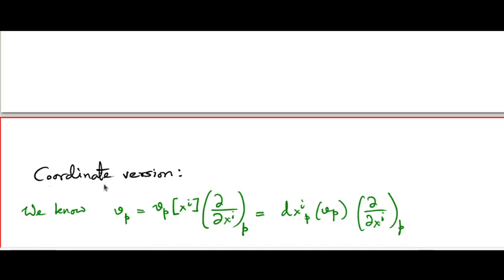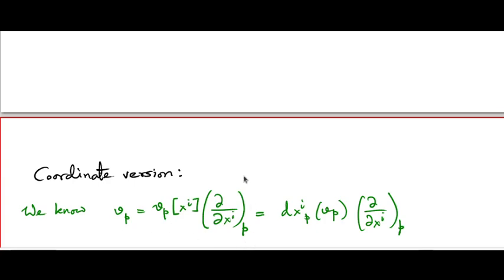Once you have a coordinate system, a chart (U, phi), with coordinate functions x1 through xn, the tangent plane has a very natural basis, something we have talked about earlier. The basis provided by the tangent vectors to the coordinate curves, del/del xi at p. So Vp turns out to be a bunch of numbers multiplying these basis vectors, Vp = V^i del/del xi at p.